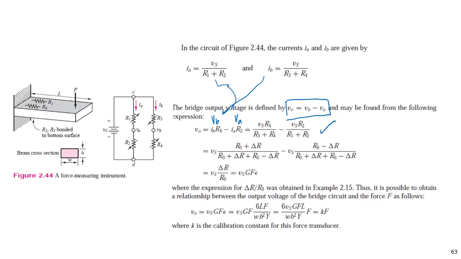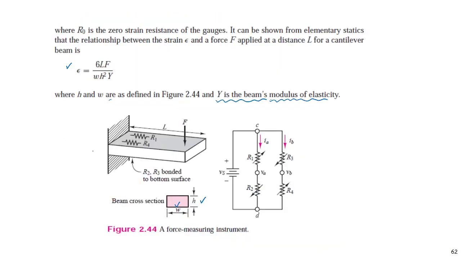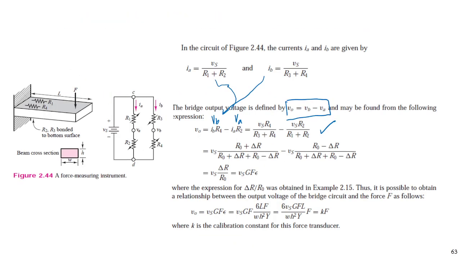By arranging this formula, during the force applied, R4 becomes R0 plus delta R, and R1 also. R2 and R3 become R0 minus delta R. Then we substitute R0 plus delta R and R0 minus delta R for R1, R4, R2, R3 respectively.